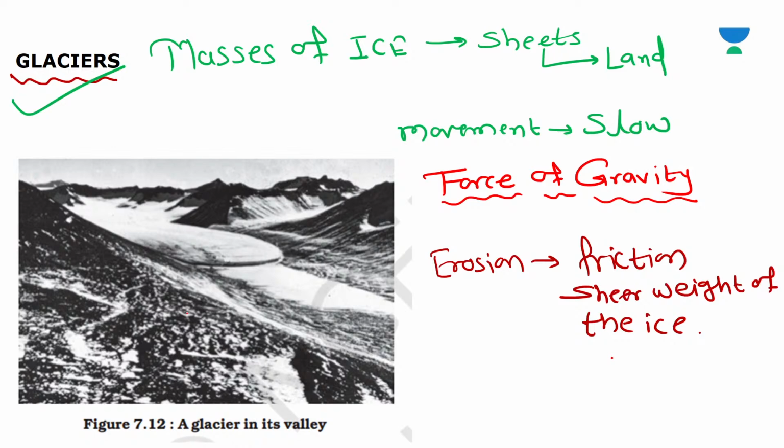Then glacial valleys, troughs, and then depositional landforms: moraines, eskers, outwash plains, drumlins.